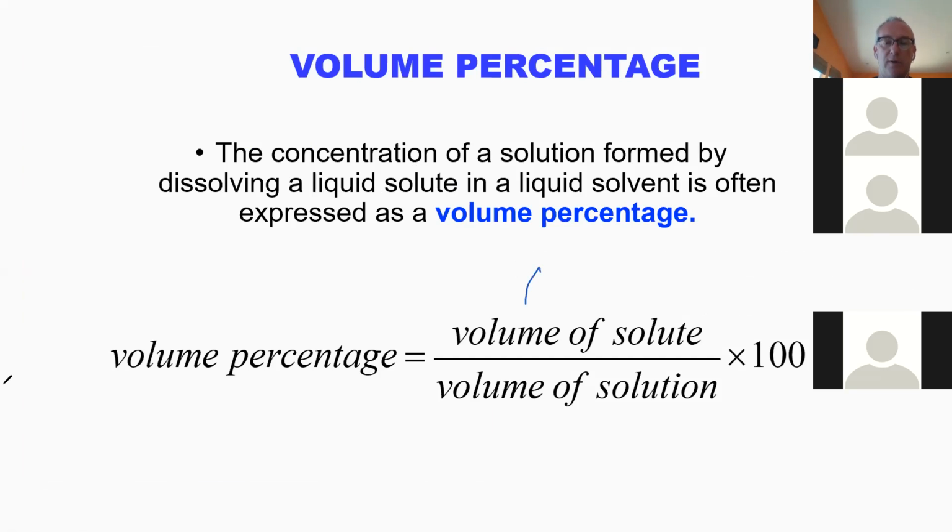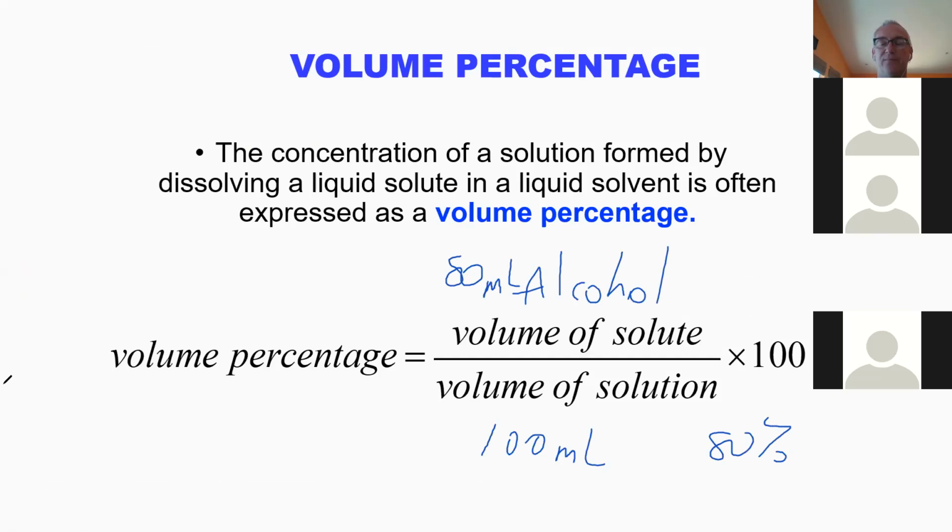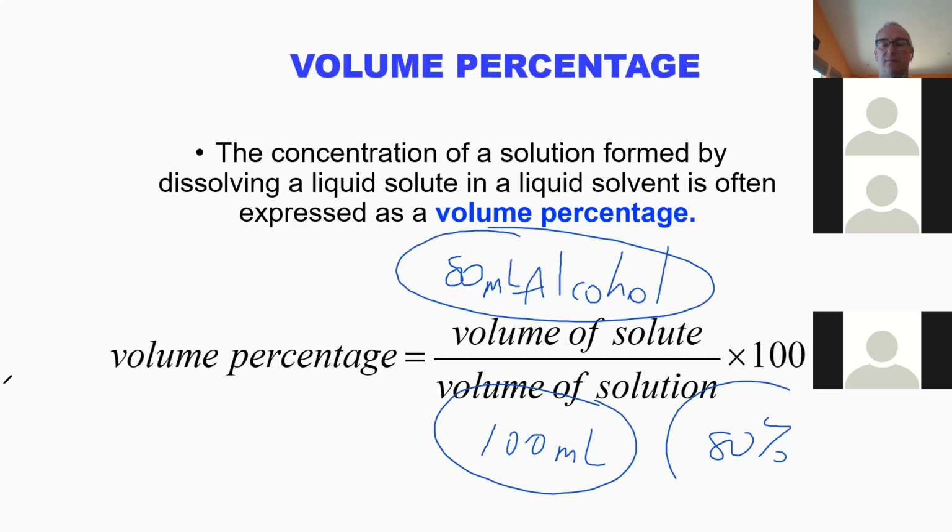How much alcohol do I have? Remember, alcohol is a liquid, so I just measure it in volume. So if I have 80 milliliters of isopropyl alcohol and 100 milliliters of solution, I've got 80% isopropyl alcohol. That's all that means. It doesn't take the density or anything into consideration. It just takes how much volume I had before, how much volume I have after, and then that's the percent.